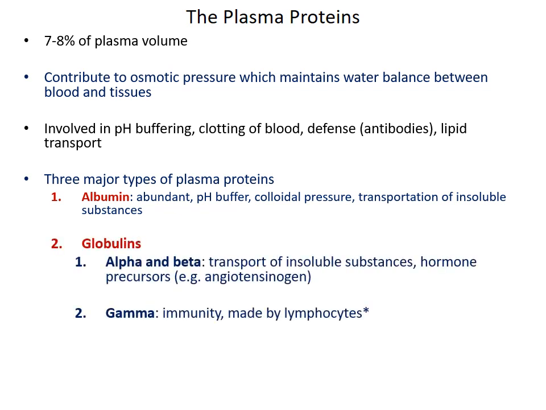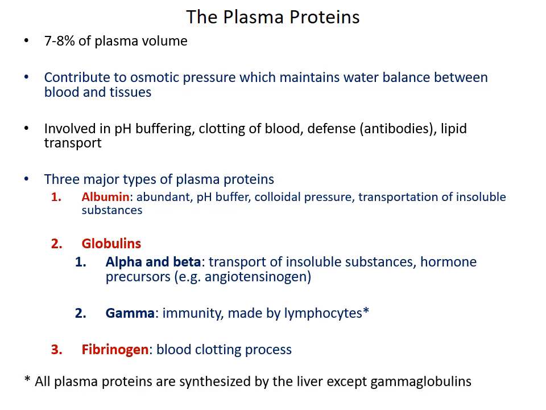Then you can see globulin, which has alpha and beta globulin, which transport insoluble substances and also hormone precursors. One example is angiotensinogen. Then you can see the gamma globulins, which provide immunity and are made by the lymphocytes. Fibrinogen is another plasma protein which contributes to the blood clotting process.